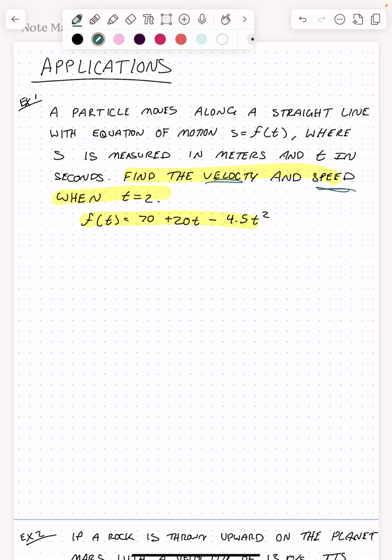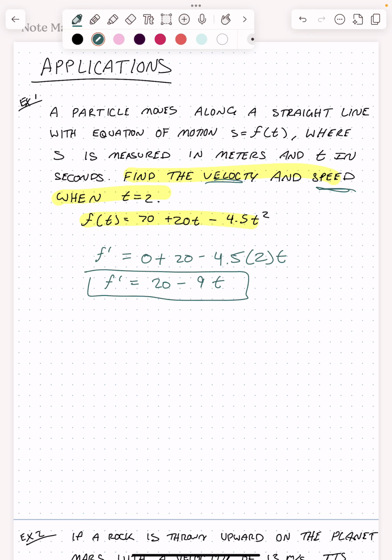So we have f prime equals, again, I'm assuming you know how to pull a derivative, so I'm not going to show every little baby step. I'm going to assume that you know how to do this part. All right, now I'm just going to apply that too, and now we have this. So that is our velocity.